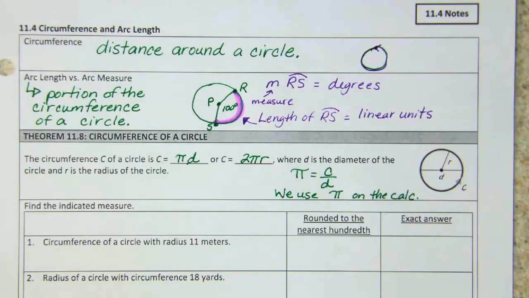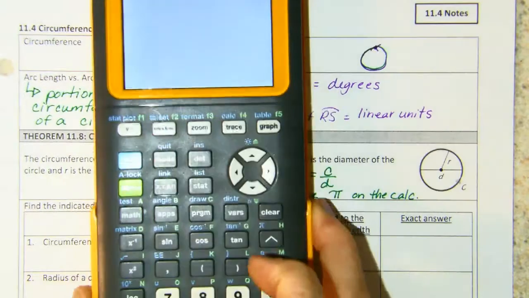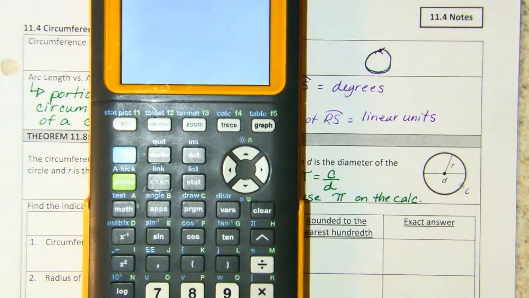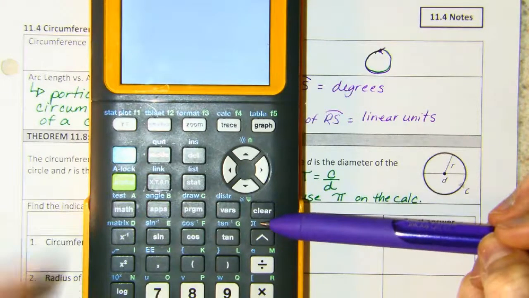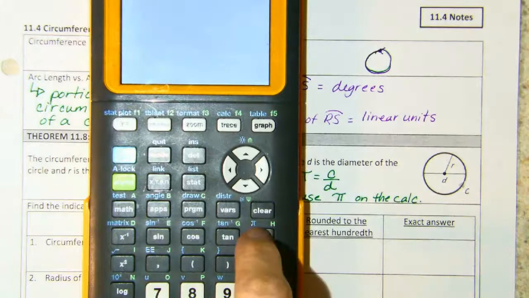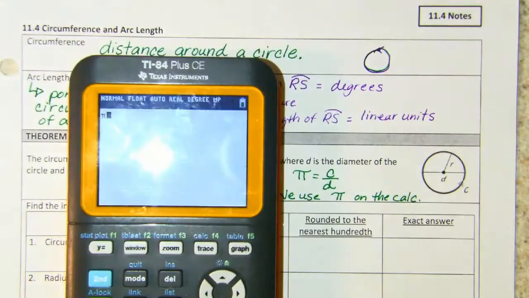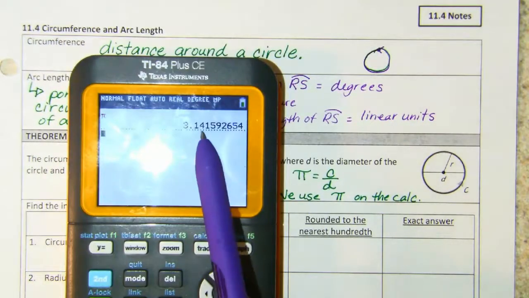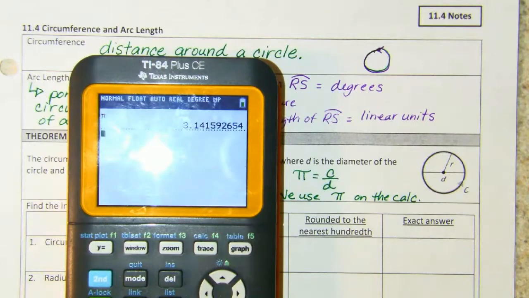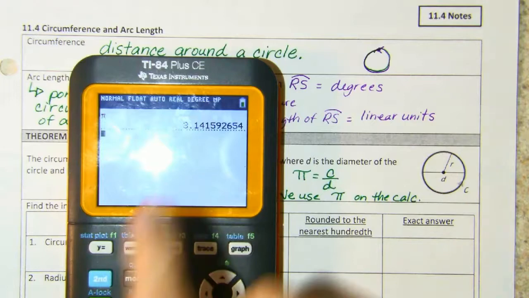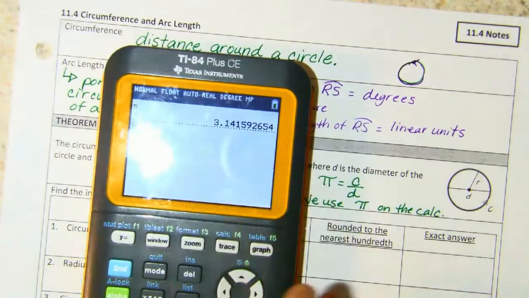So exactly where is the pi key on your calculator? If you have the TI, you can see over here below clear, there's that little pi key right there. So we would go second pi, and it's going to pop it up like that. Of course, it's going to show the pi number, but it's not going to round. The calculator's always going to use the full-fledged number of pi.